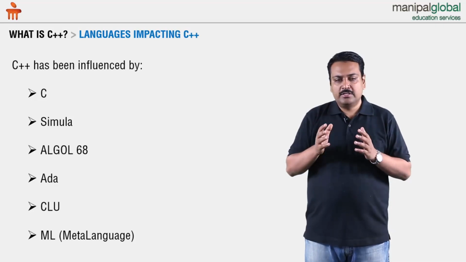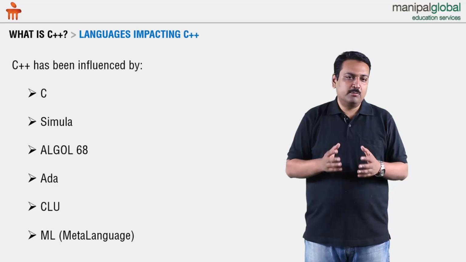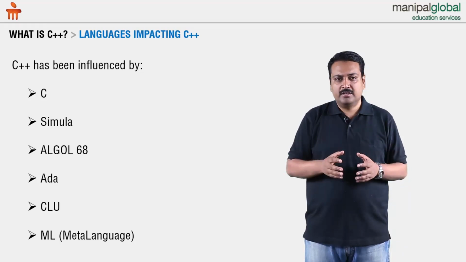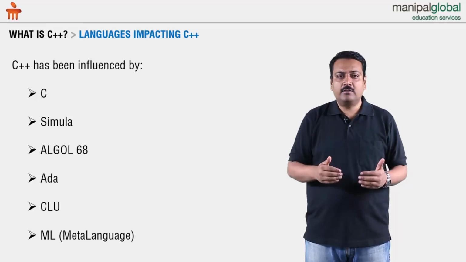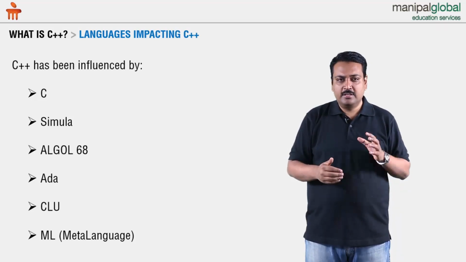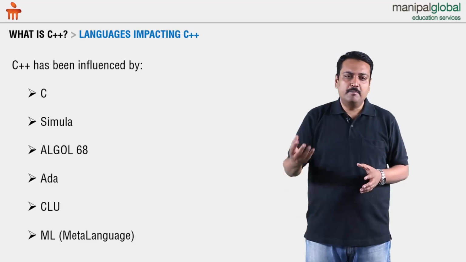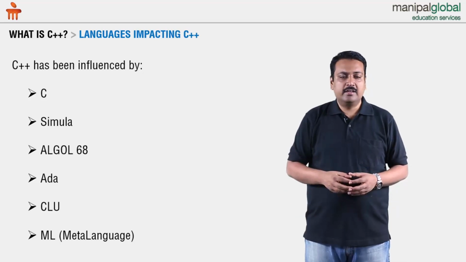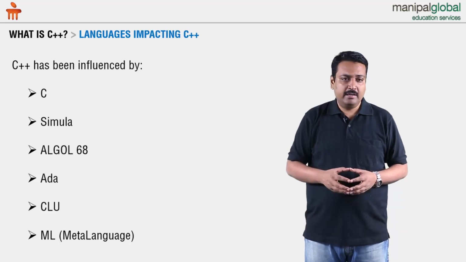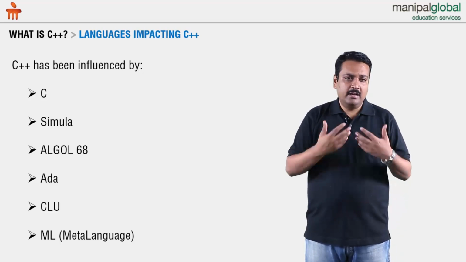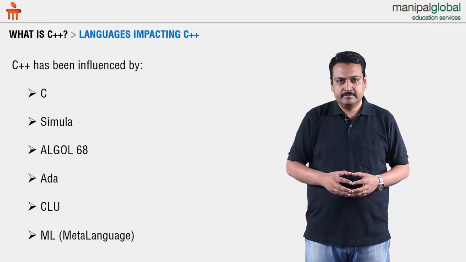Stroustrup has also considered Simula. The reason for Simula is that Simula allows us to develop object-oriented applications, and since it allows us to have object-oriented applications, C++ has taken many capabilities of Simula within itself. And C++ has been influenced by ML, which is a well-known functional language.